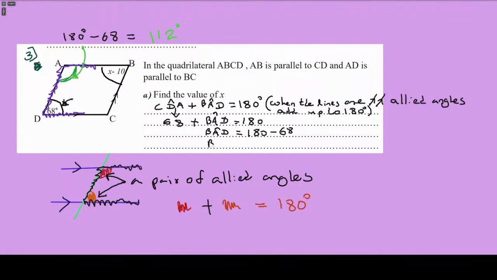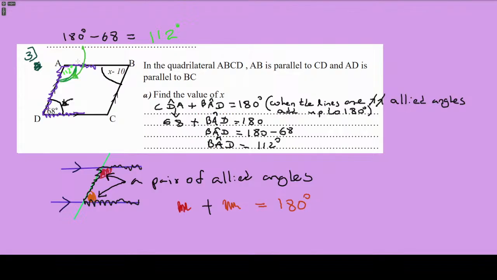So angle BAD is 112 degrees. This green angle is 112. We have told our readers why it should be 112. But still we haven't found the answer that we need.